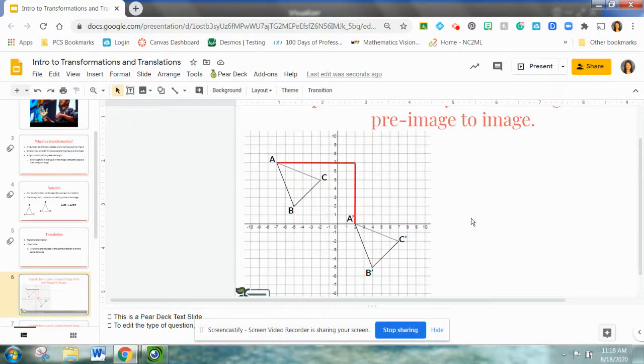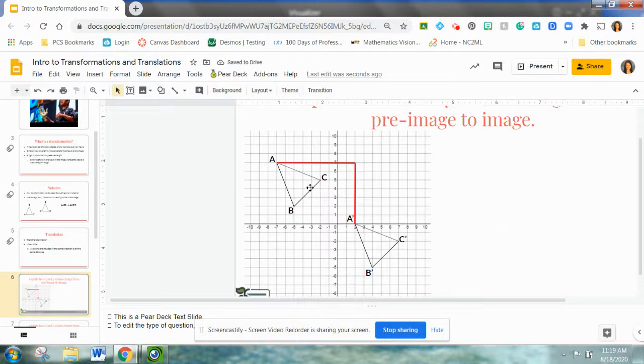So if these are moving in the same direction, the same distance, I should be able to move this from C to C prime, and it should be exactly the same, which, hallelujah, it is. And I should be able to do that with B and B prime as well. So I'm going to move it back to A and A prime.